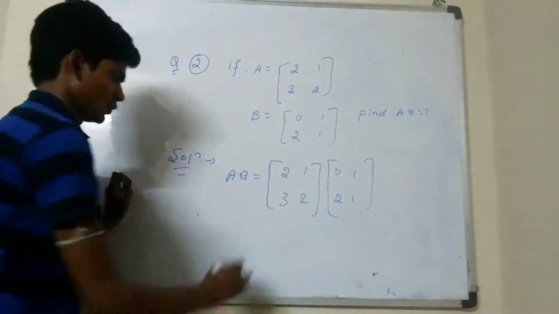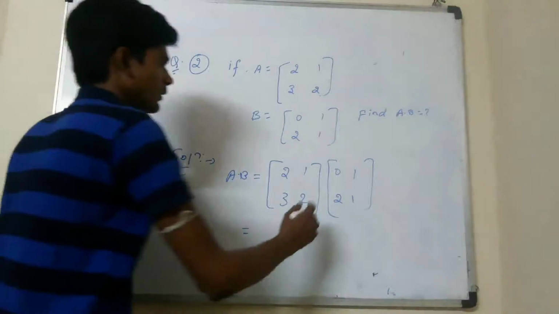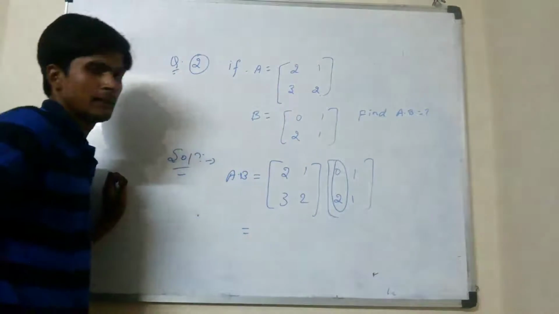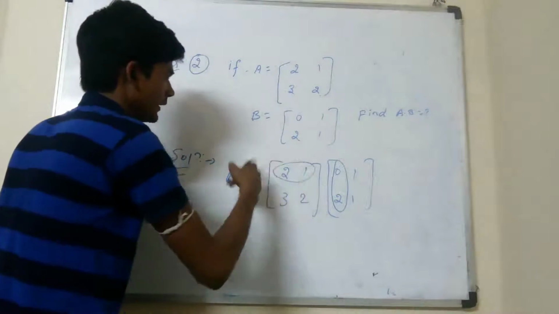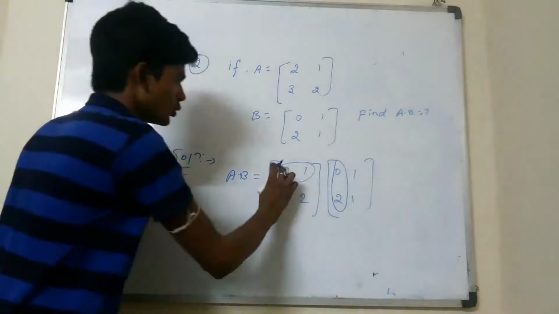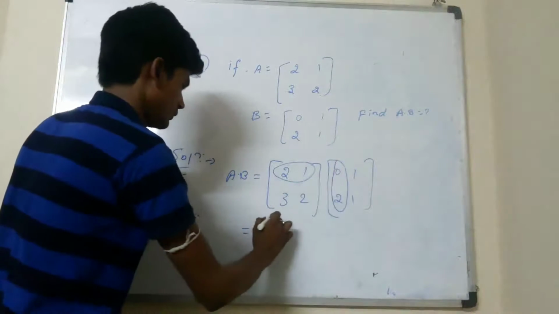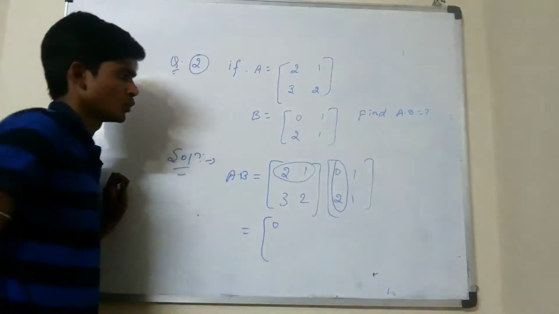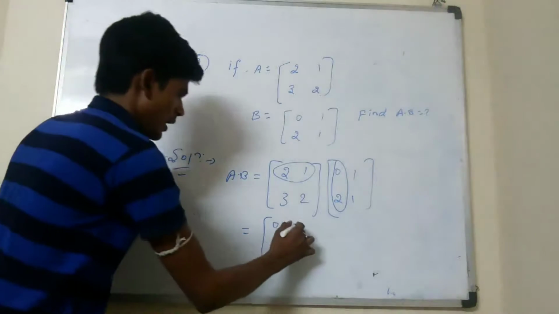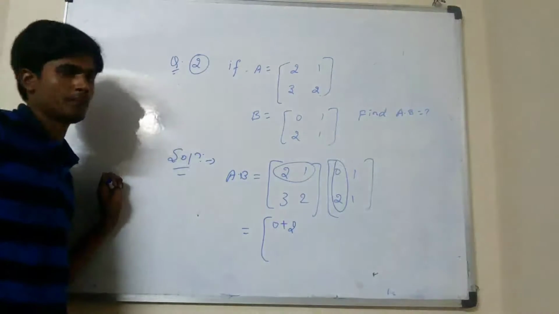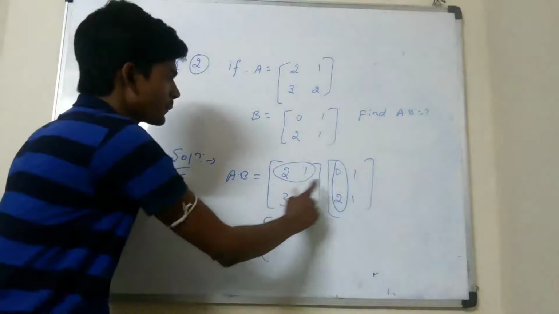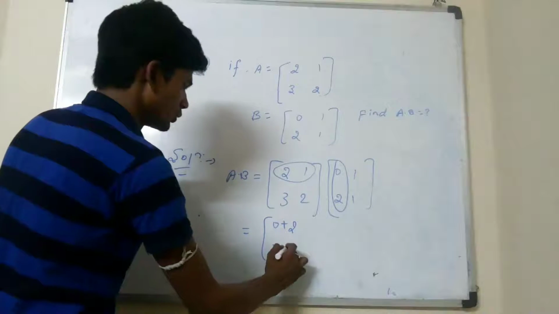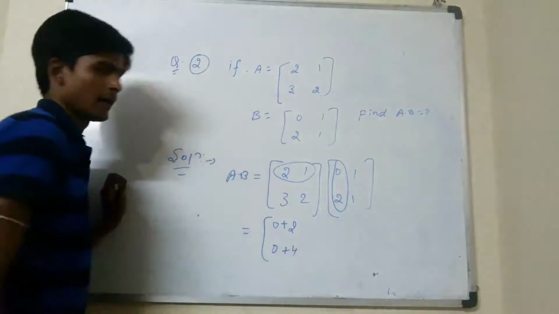The approach is to first consider the first column in the second matrix and the first row in the A matrix. So 2 multiplied by 0 gives 0, and 1 multiplied by 2 gives 2, and simply add them. Now 3 multiplied by 0 gives 0, and 2 multiplied by 2 gives 4, and simply add them.